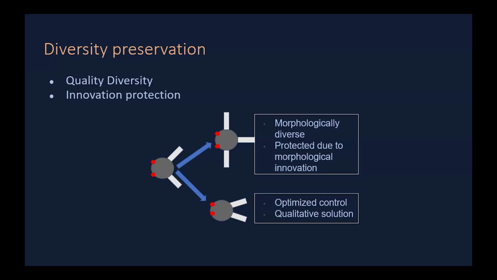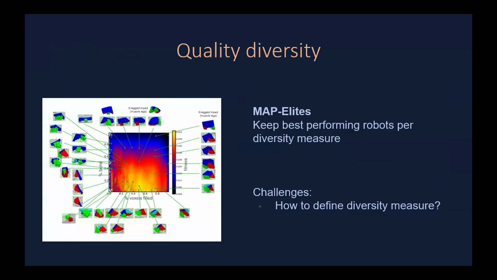It's a couple of questions also. Okay. What are candidates to measure diversity? Complexity metrics? So one example here is, in general, it can be any morphological diversity measure you can think of.